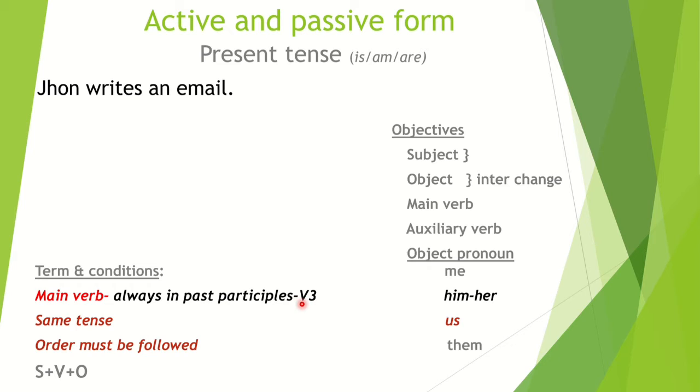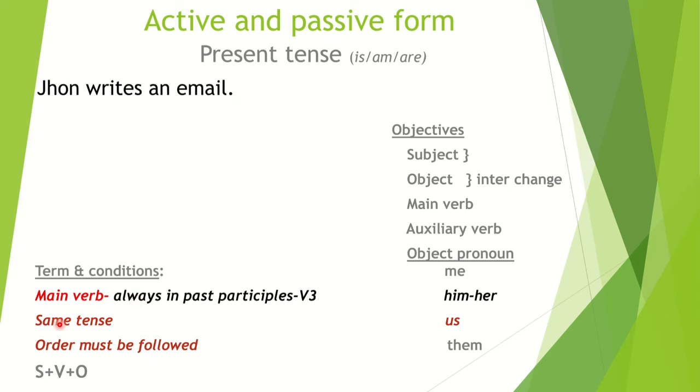That means verb 3. So what is your main verb? That is write. Okay, write over here. So what is the past participle of this verb? Write, wrote, written. Written is the past participle that will be used while we form passive voice.